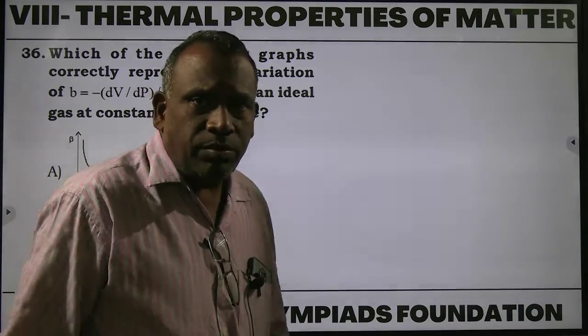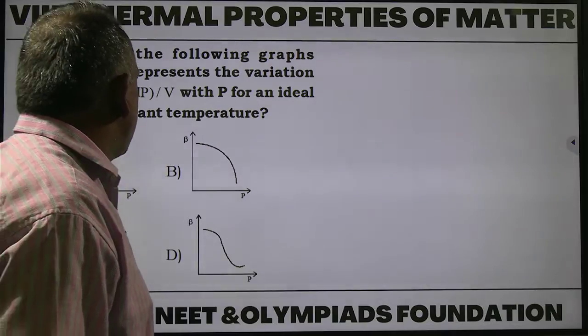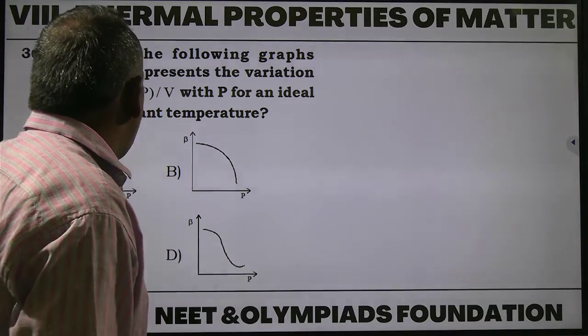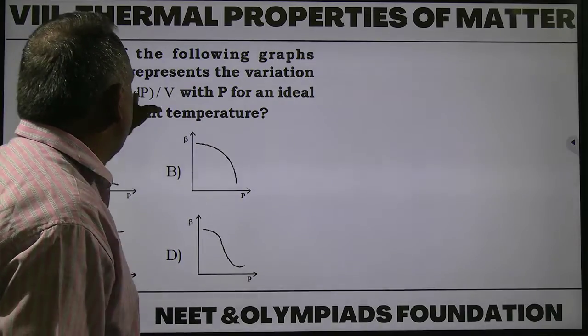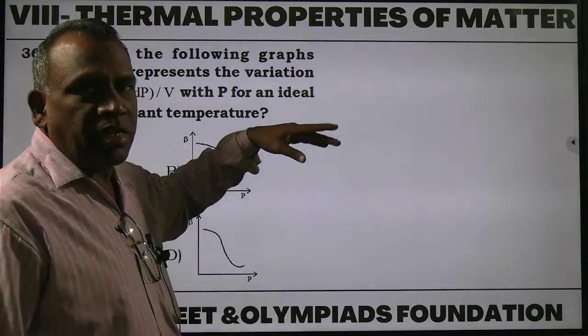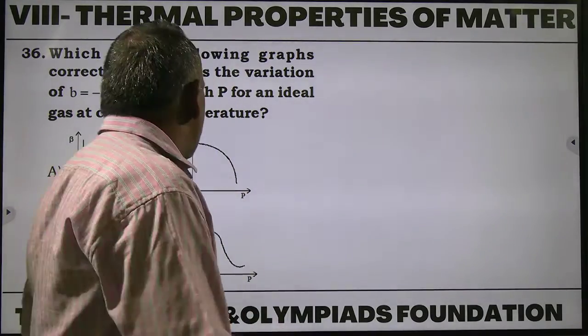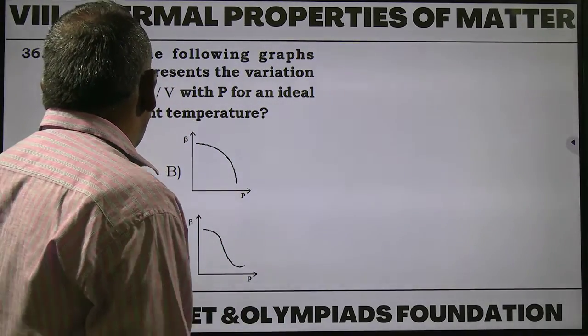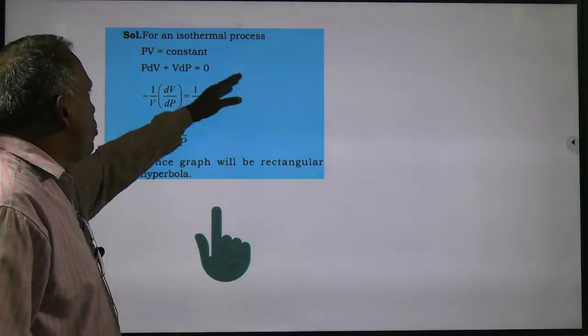See next one: which of the following graphs correctly represents the variation of P equal to minus V dP upon dV. If you observe carefully, this is actually PV equal to constant.